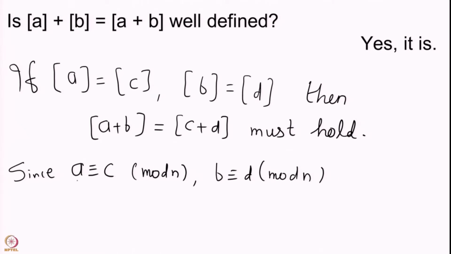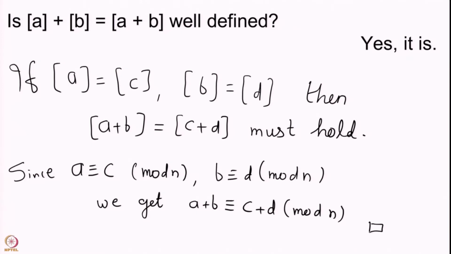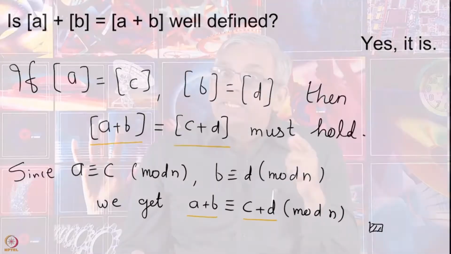But then we have seen that whenever A is congruent to C mod n and B is congruent to D mod n, we get A plus B is congruent to C plus D mod n. That is all that we needed to check, because A plus B mod n and C plus D mod n are the same, and that means that these two classes happen to be the same class. So, the addition is well defined.